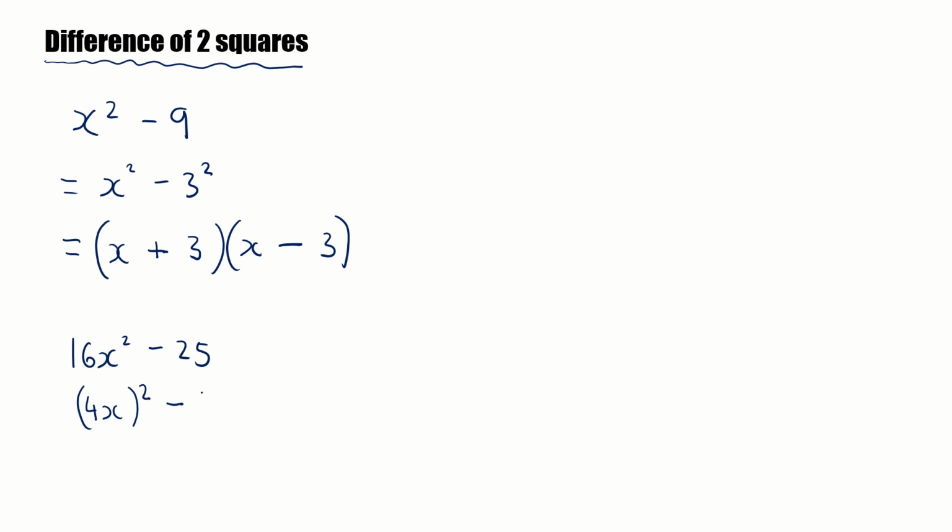And then the 25 is secretly 5 squared. So again, we've got difference of two squares because it's something squared take away something else squared. So that means inside the brackets, I know it's going to be the things without the squareds, and then it's going to be one of the brackets with the plus and one of the brackets with the minus inside. So there you go, that's difference of two squares.